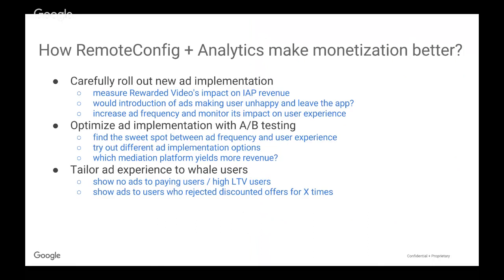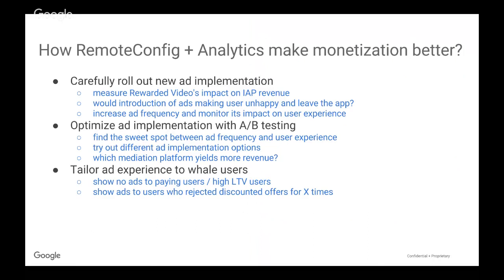And for sure, ad frequency. And if you already have an ad placement up and running, you may still want to optimize the implementation with A/B testing. Finding a sweet spot between ad frequency and user experience is something we're going to go through in the next few minutes.